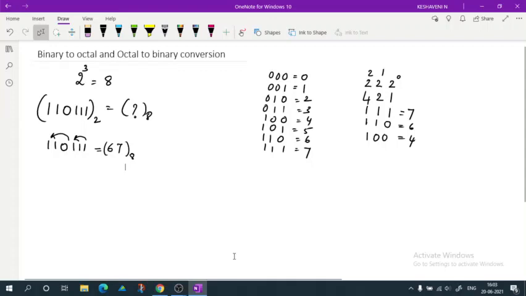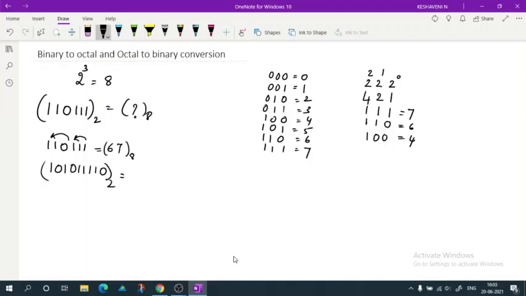Now consider another number, for example 101011110.